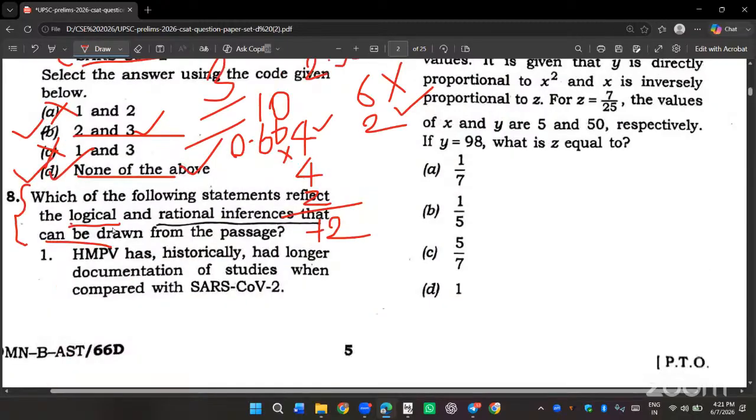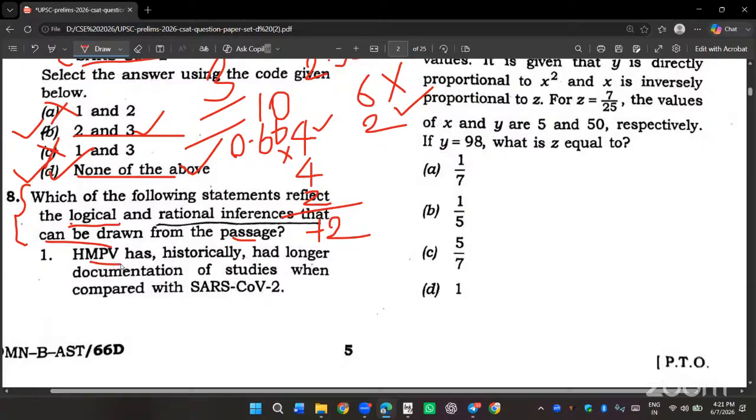But here it is your logical, rational inference. Remember this. Most of the time, the students fail in this regard. They are not able to distinguish between these two.